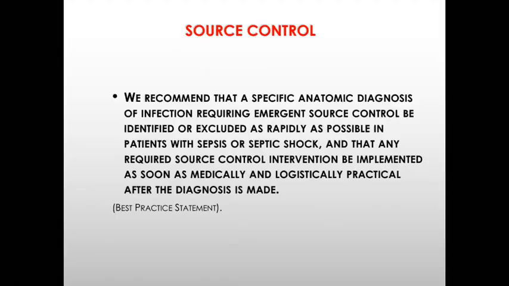So just back to the 2016 guidelines, it's very important very early on to try and make an anatomical diagnosis of the sepsis, because this helps you guess which empiric antibiotic to give and to start to plan for source control. So early source control is extremely important.